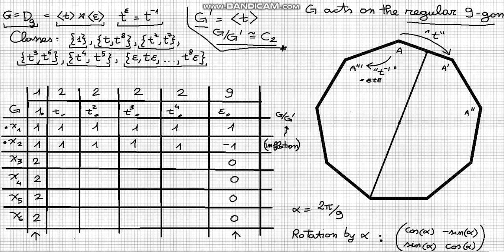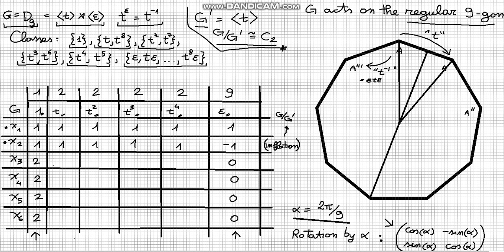Now, what is the idea? We can get interested in this angle here, which is exactly this one, 2 pi over 9, and the rotation by alpha is given by this matrix here, which has trace 2 times cosine of alpha.